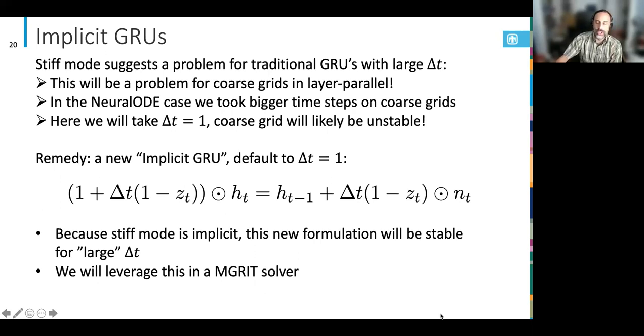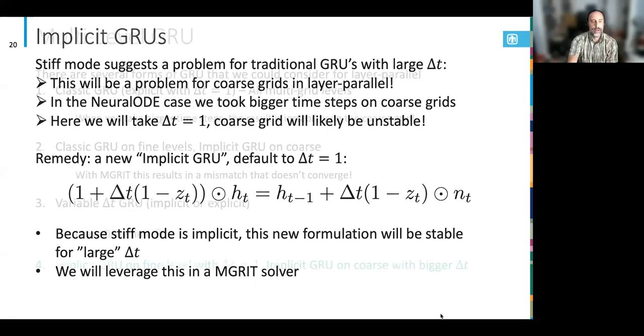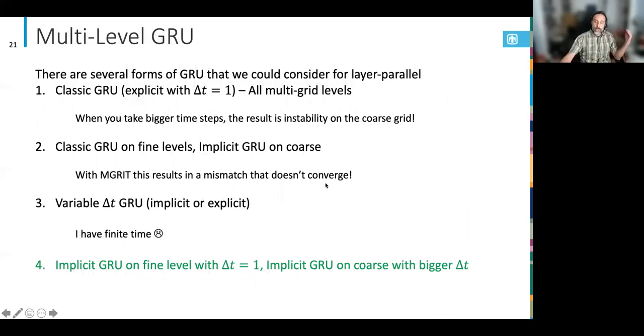So we're going to leverage this in the multigrid and time solver. There are different options that we can use for this, but the basic idea here is that I want to do this implicit GRU on the fine level using delta t equal 1. So I'm going to be very close to what a standard GRU is, but I'm going to just set delta t equal to 1 on the finest level, and then use on the coarse level bigger delta t.